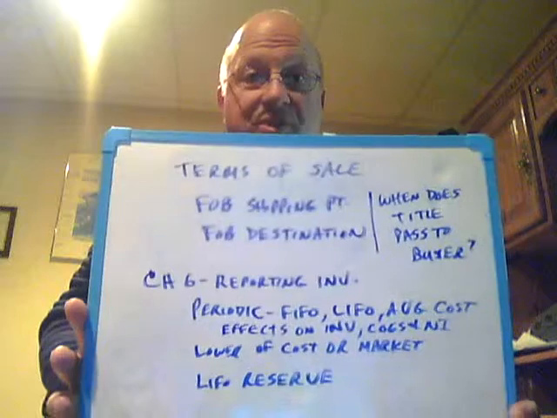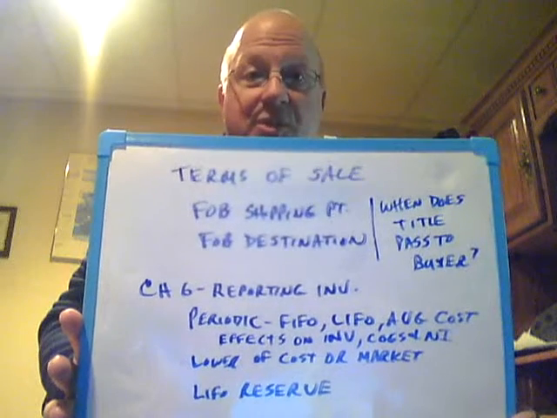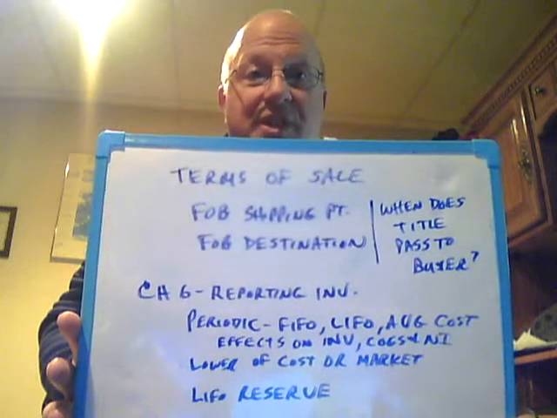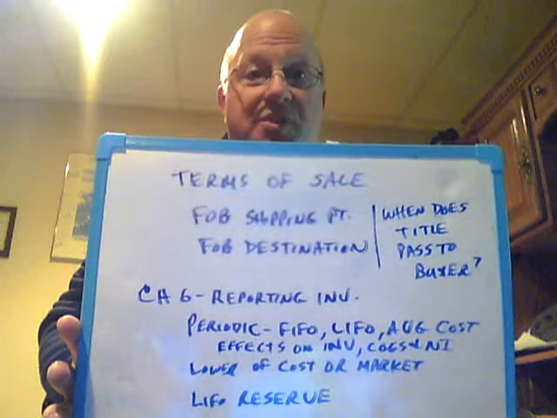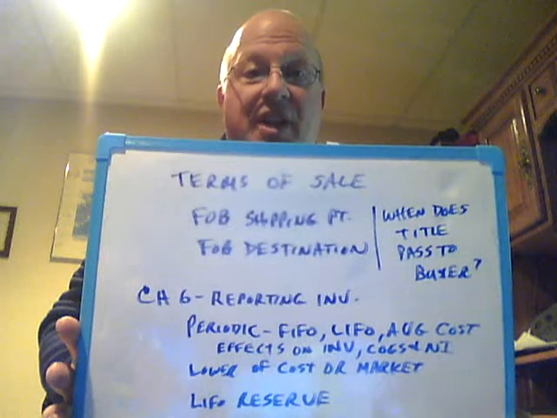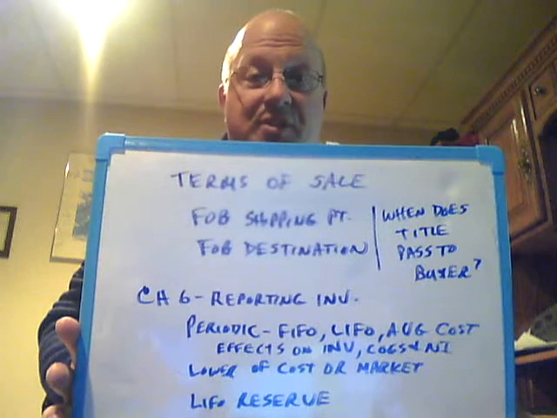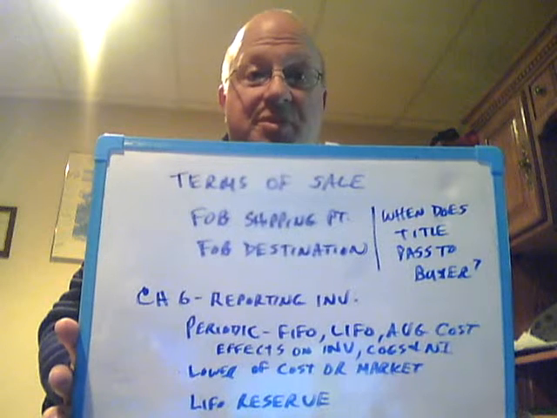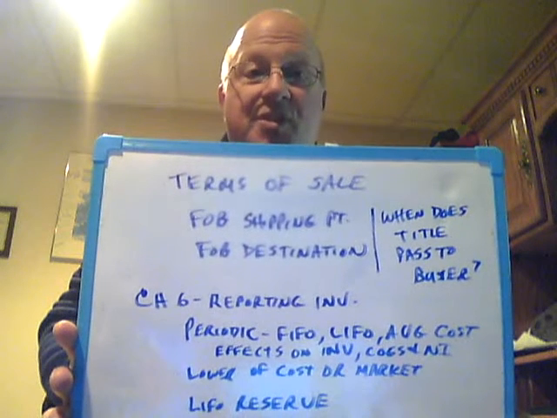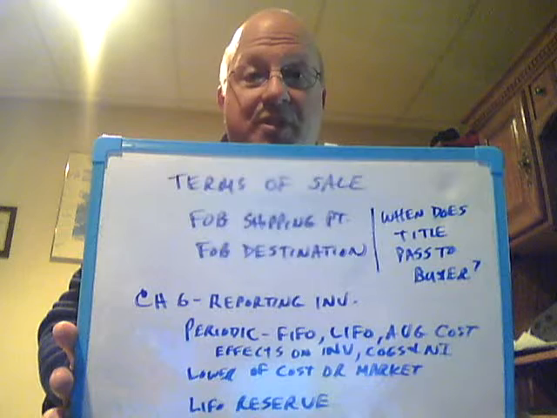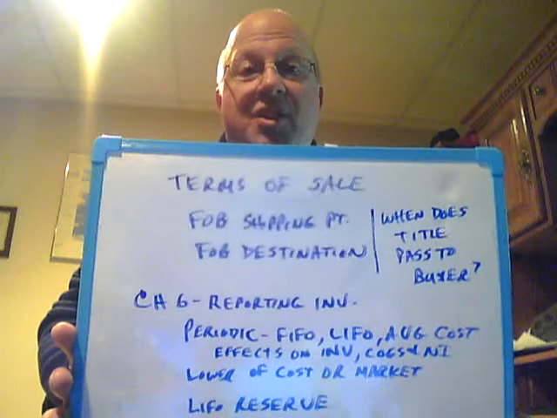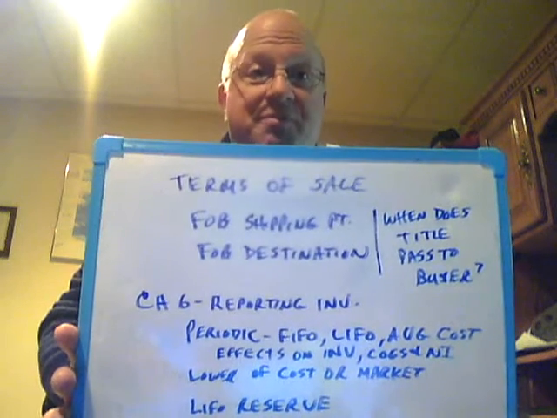The LIFO reserve is a term for the difference between the inventory computed under the LIFO method and a requirement in generally accepted accounting principles to also show what the inventory would have been if FIFO had been used. Well, with that, that basically wraps up the review for the midterm as far as these presentations.